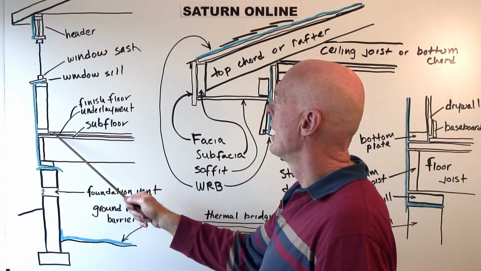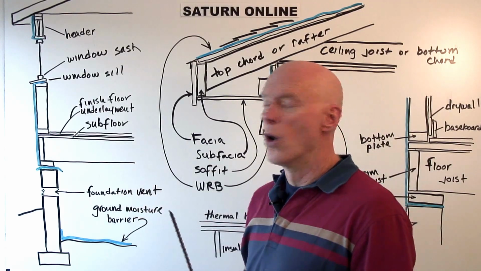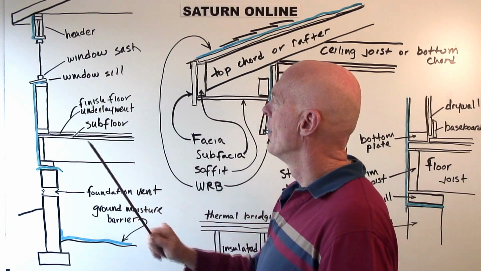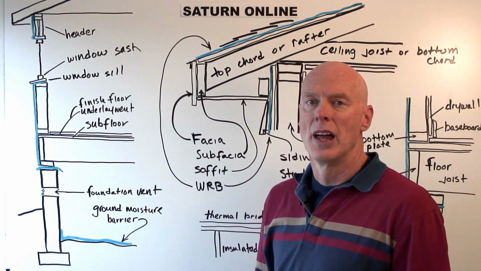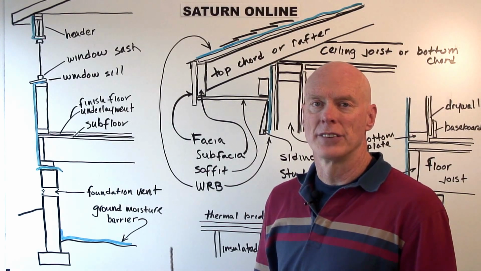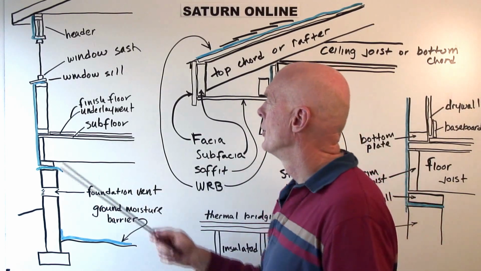There's usually two layers to a floor: the subfloor and the finished floor, or the subfloor and what we call the underlayment. Underlayment is something like particle board that has a very smooth surface that you can fasten linoleum or tile to.